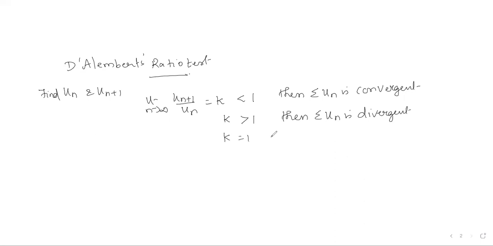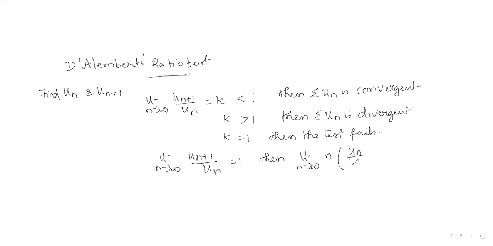If k is equal to 1, then the test fails. So in that case, limit n tends to infinity of un plus 1 by un is equal to 1, then we have to find out limit n tends to infinity of n into (un by un plus 1 minus 1). Okay, now let us see the problem.